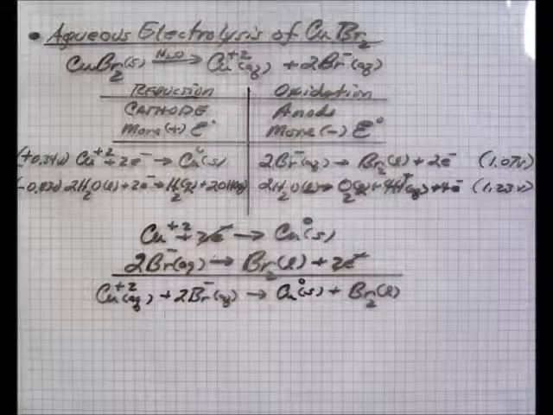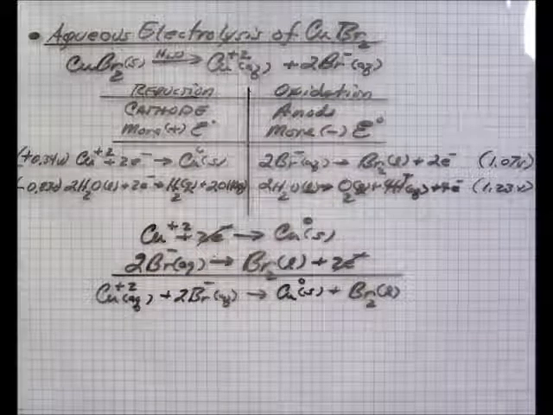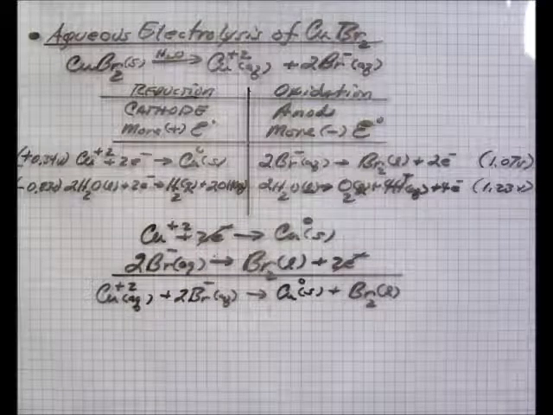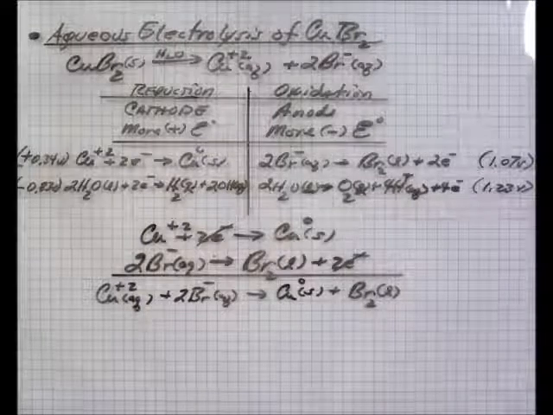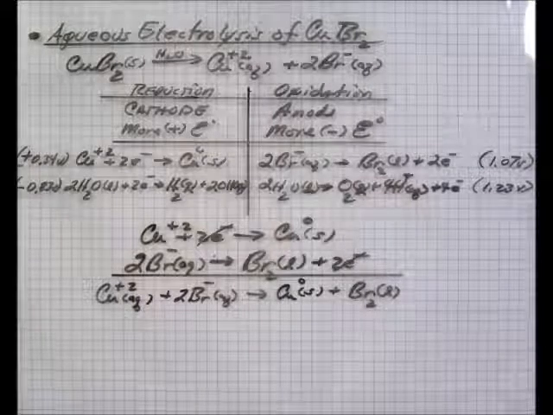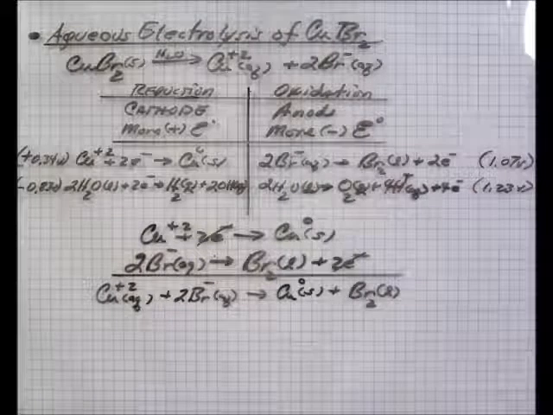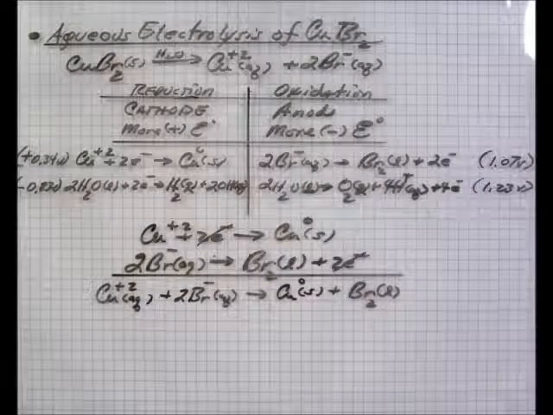Okay, now the last one I want to do is sodium sulfate. And in this one, neither of the salt ions will dominate, and both the water oxidation and reduction dominate.